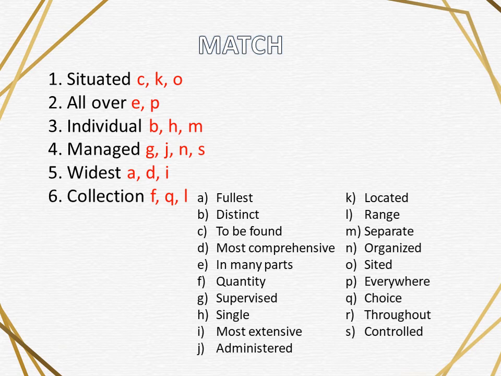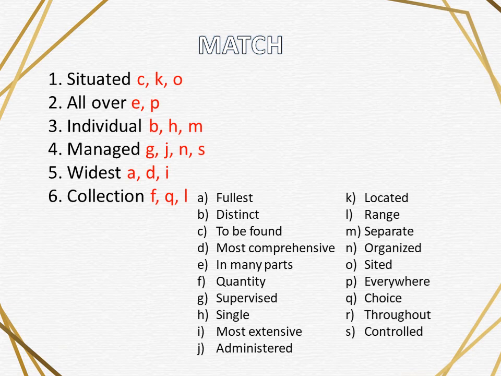For situated, you can use to be found, you can use located, and cited. Number 2, all over, you can use in many parts and everywhere. Number 3, individual, you can use distinct, single, and separate.